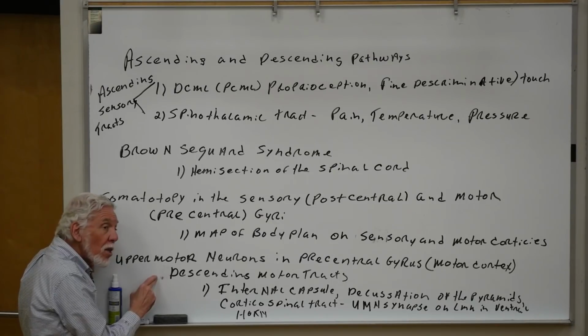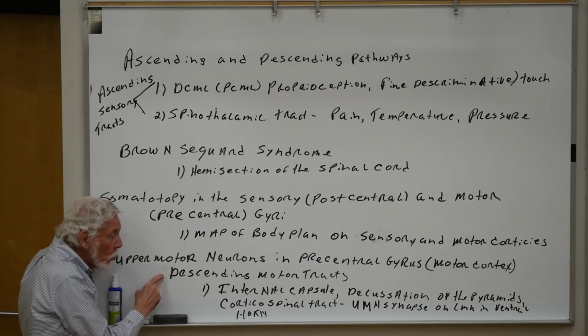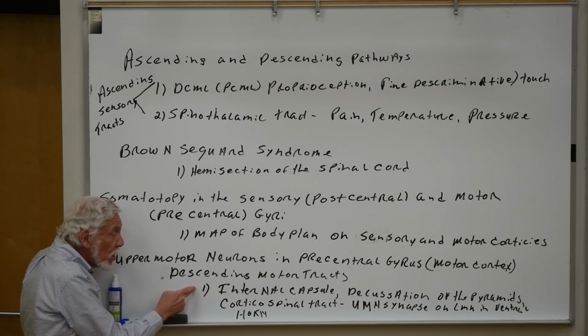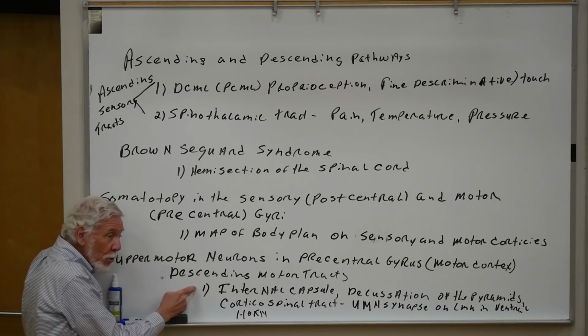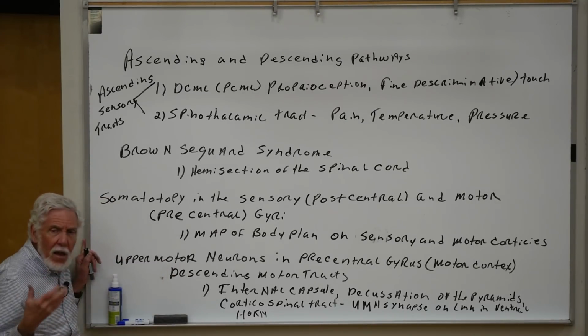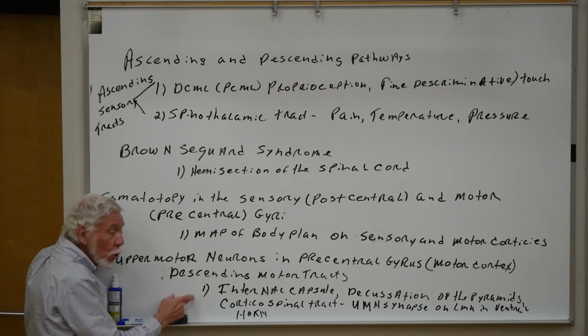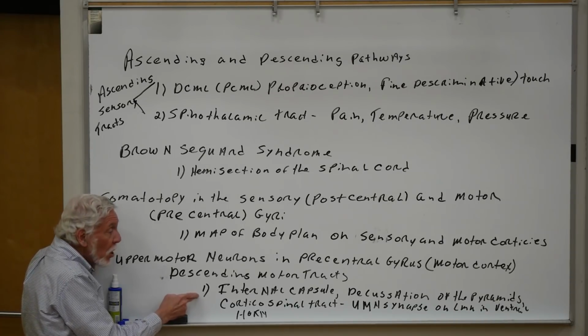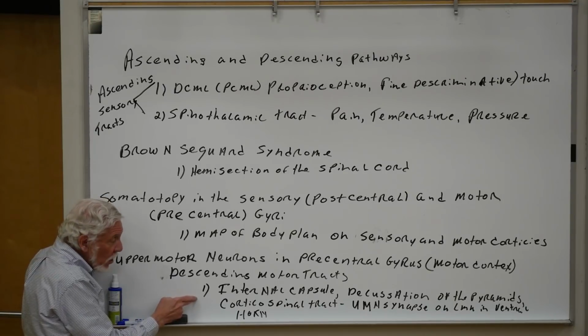That neuron sends a process from the motor cortex down through an area called the internal capsule. The internal capsule is a bundle of myelinated axons. If you take another course, you'll find the internal capsule contains both sensory and motor axons. Here we're only emphasizing the motor.